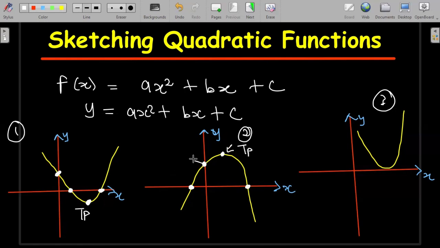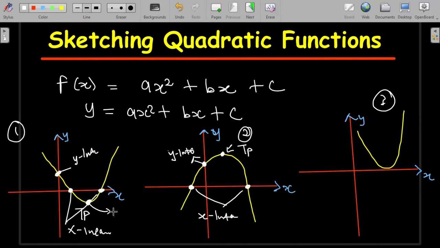And then this one, maybe I should be labeling it. It's what we call the y-intercept. So I'll just write y-inter. And then these two here are what we call x-intercepts. Okay, so it should be the same even for these ones. So these are x-intercepts. This one is the y-intercept. And then that one there is a turning point.